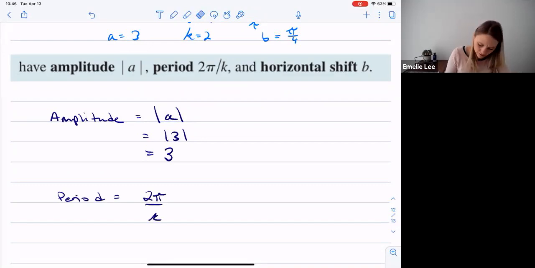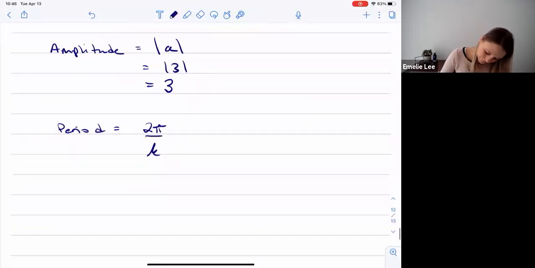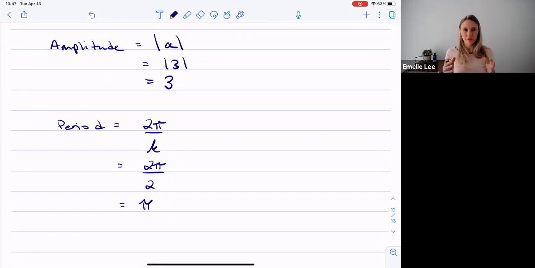Okay, so that's important. That's probably the thing that people miss the most, is that it has to be 2 pi over k, and k in our case is 2. So 2 pi over 2 means we have a period of pi, meaning it repeats itself in a shorter distance, which means it's kind of happening faster than our usual unit circle. So it's all relative to how we behave around the unit circle.